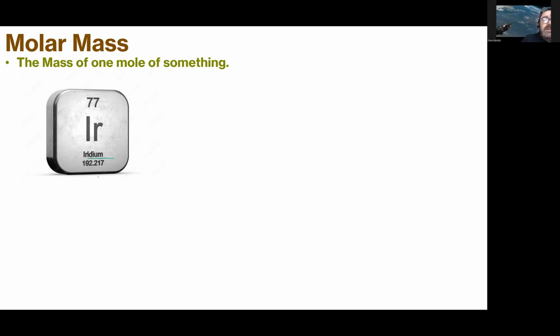Iridium has an atomic mass of 192.217 AMU. I just want us to get the differences between these things.